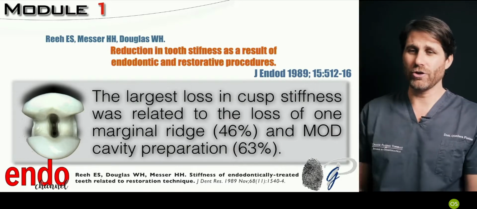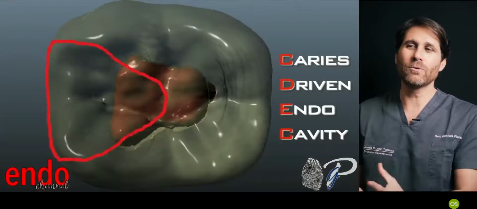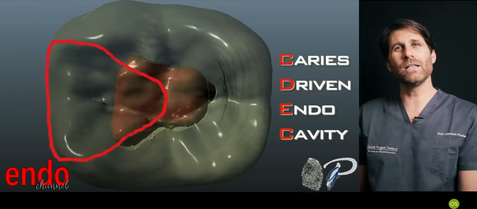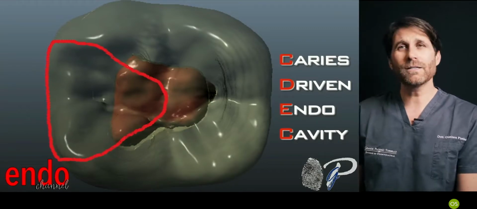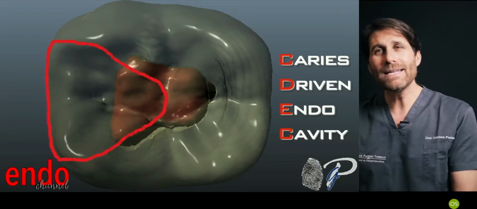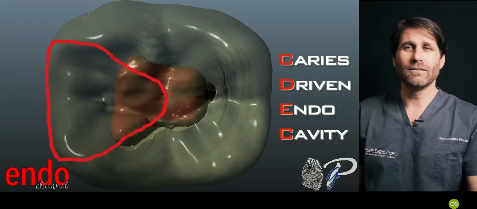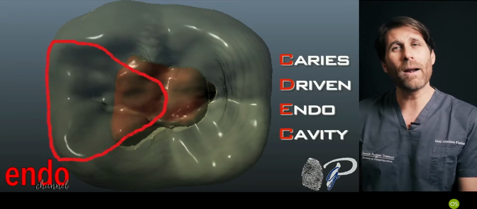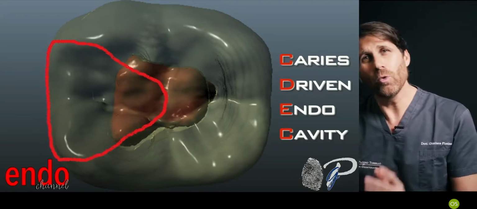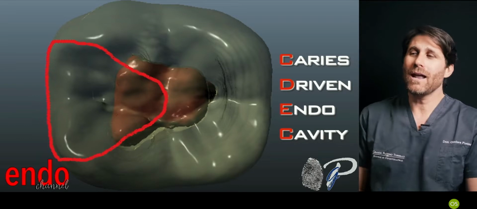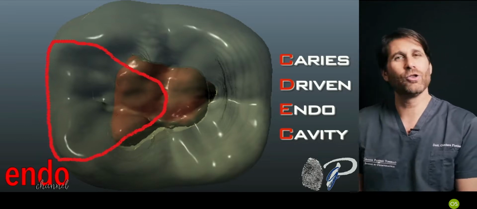But most of the cases that we treat are cases with interproximal caries penetrating the pulp, needing the endodontic treatment. So in these cases, we have already the loss of one marginal ridge. What can we do in these cases? We can do a caries-driven endodontic cavity.